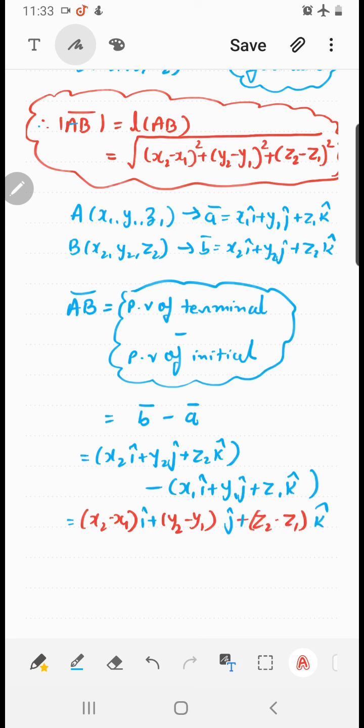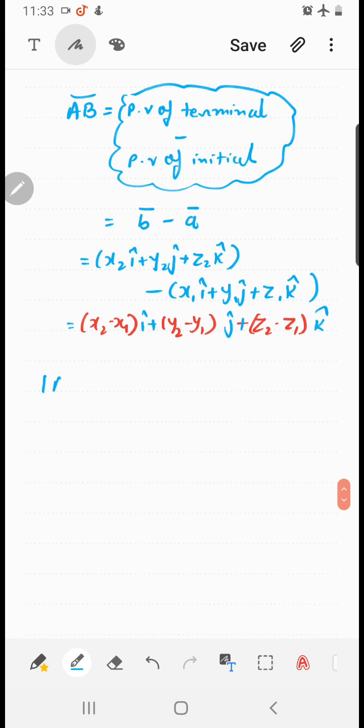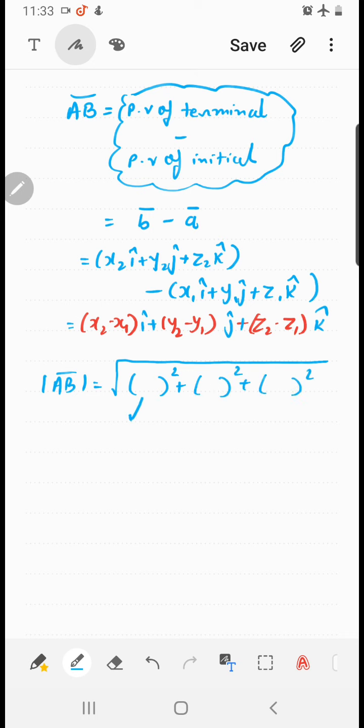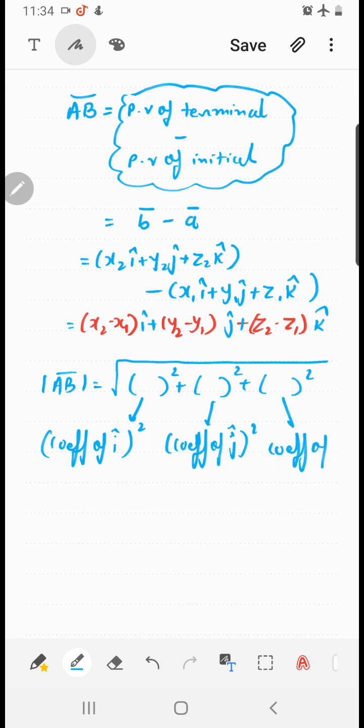That is why, rather than going for the direct formula, can we write the formula magnitude of AB bar as under root of, this is nothing but, I repeat, coefficient of i cap square, this is nothing but coefficient of j cap square, and this is nothing but coefficient of k cap square.